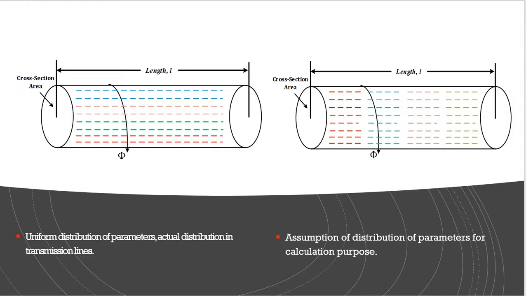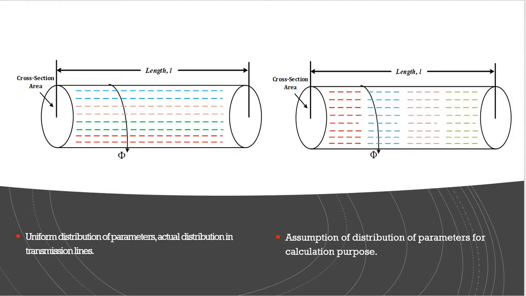Okay, therefore considering this, when moving on to the right side diagram, we can get the point that whenever we do the computations or calculations, it is very clear that all four parameters are distributed across a transmission line in a uniform way, right?